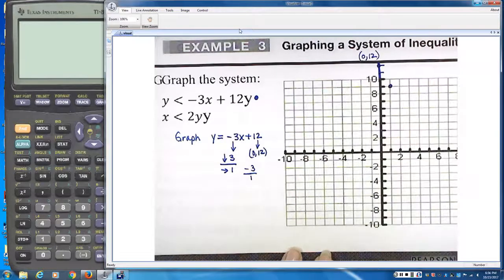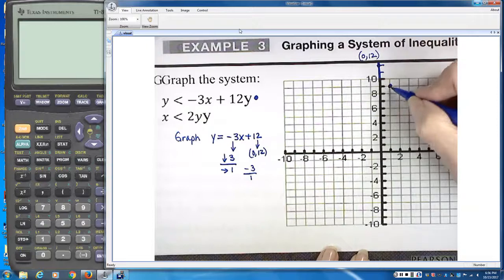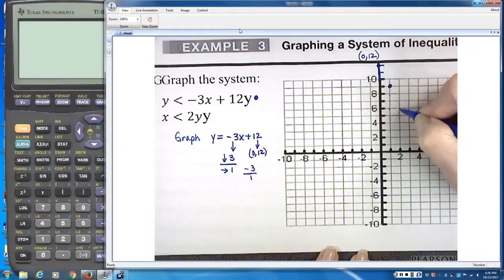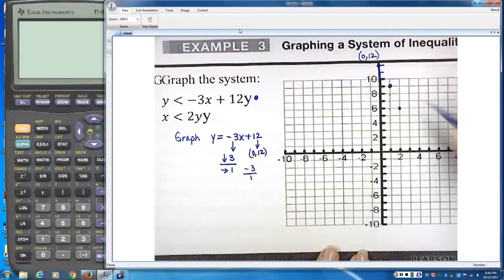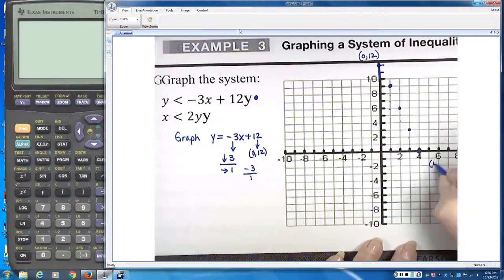And there's another point. And then down 1, 2, 3, and right 1. And we actually happily landed on our x-intercept for 0.